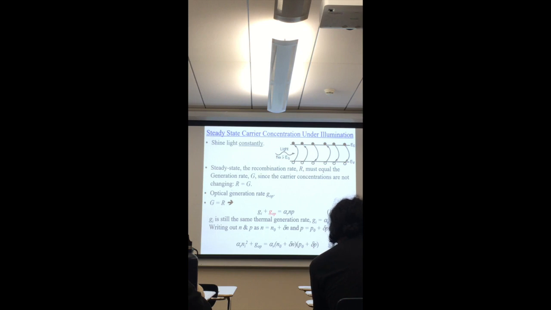And for the thermal generation rate, because we are at the same temperature, this G sub I is alpha Ni squared. Okay, so we can replace Gi by alpha Ni squared, and in this recombination, basically we replace n by n naught plus delta n, and p by p naught plus delta p.